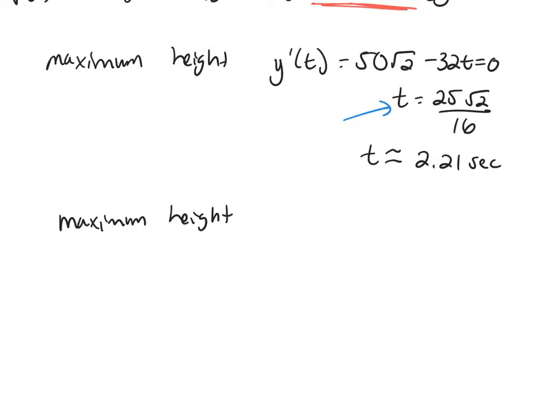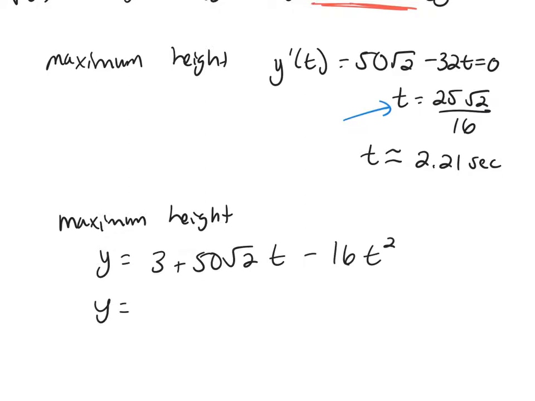So go back to your y equation. y was 3 plus 50 square roots of 2 t minus 16t squared, and you're going to plug in your fraction there.